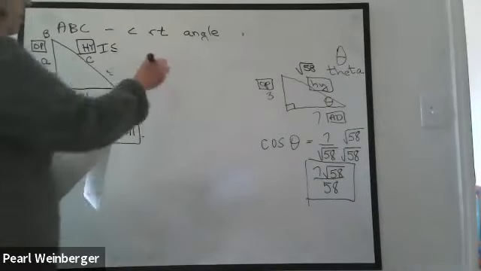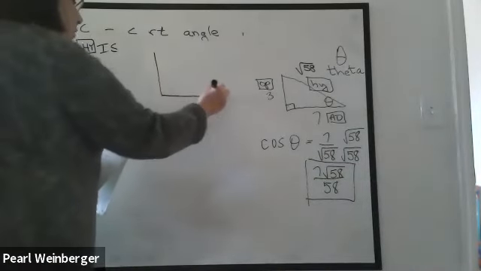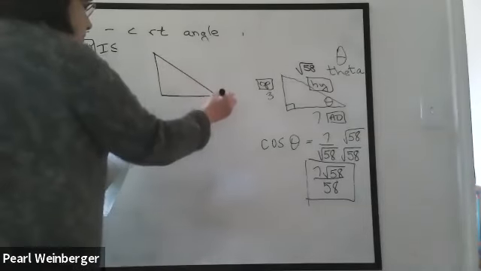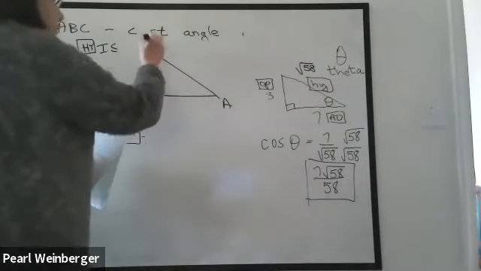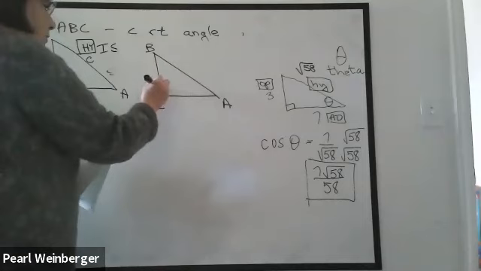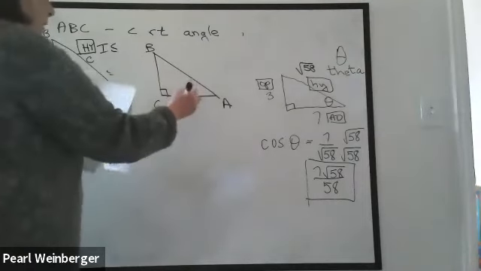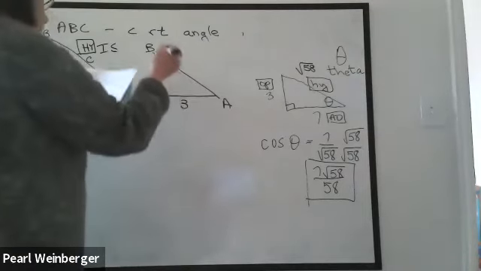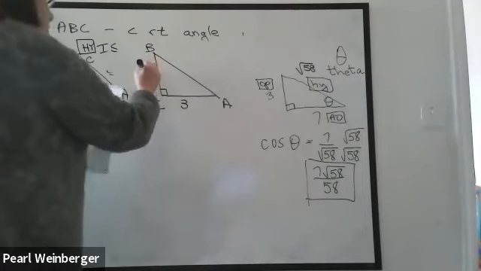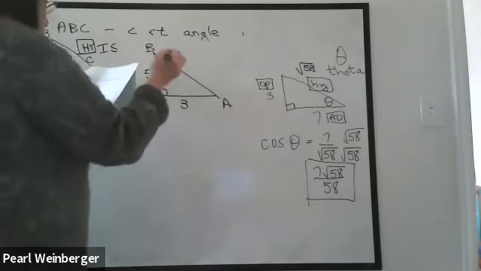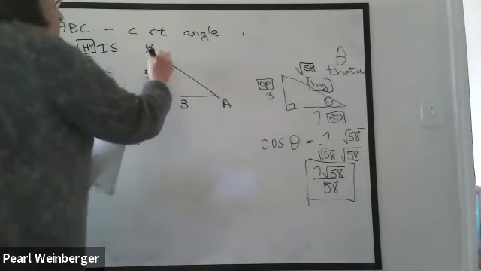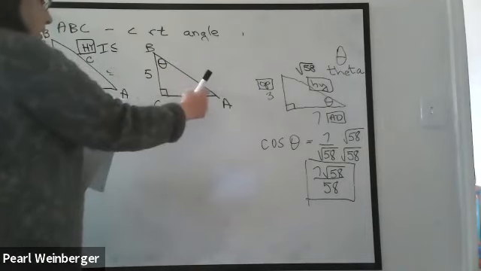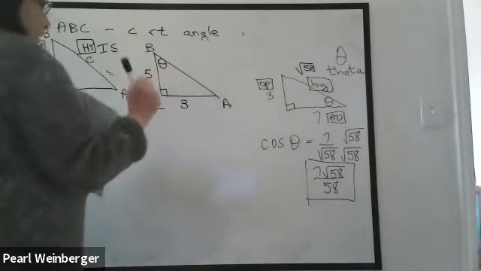Now, given this example, again, here's my ABC. Here's my right angle. This side they're calling 3. This side they're calling 5. And this is the angle they're calling theta. They're not calling A the theta now, they're calling this the theta.